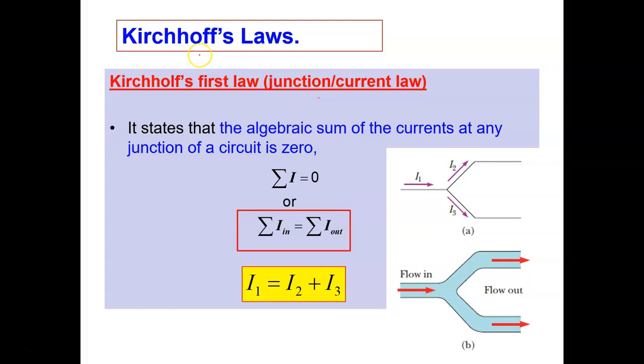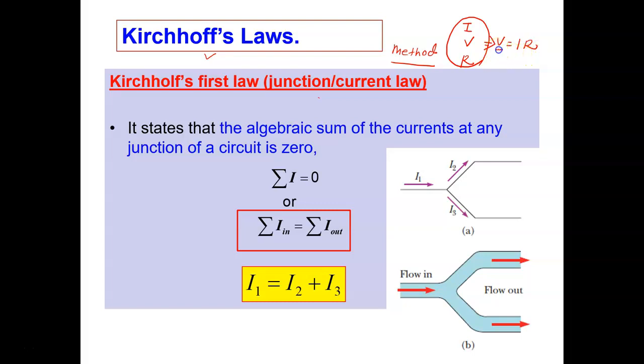So what is Kirchhoff's law? Kirchhoff's law is, as I said earlier in this video, a method or procedure to calculate the value of I, the value of V, and the value of R. These three can originally be calculated directly by using Ohm's law, which is V equal to IR.